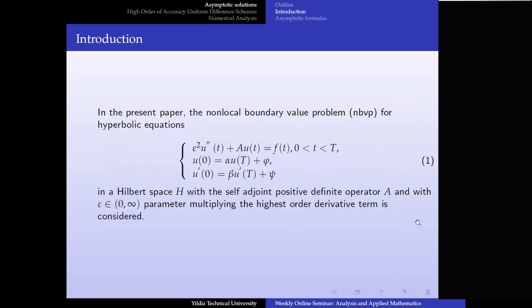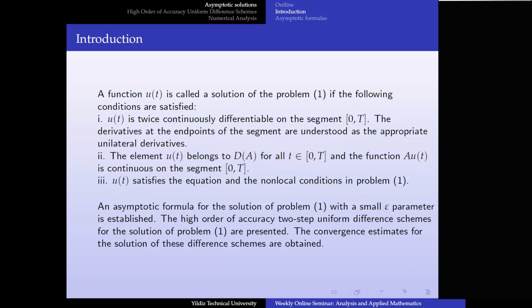So in the present paper, we consider the non-local boundary value problem, abstract problem 1, in the Hilbert space with these conditions. A function u of t is called a solution of problem 1 if the following conditions are satisfied. u of t is twice continuously differentiable on the segment.